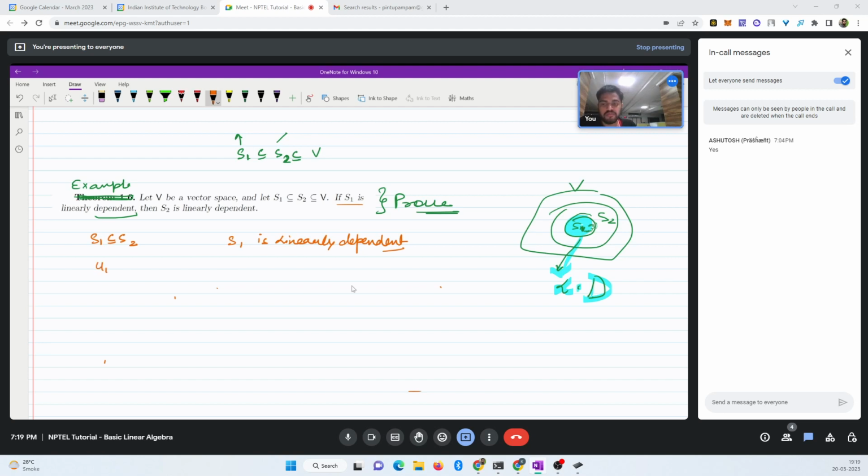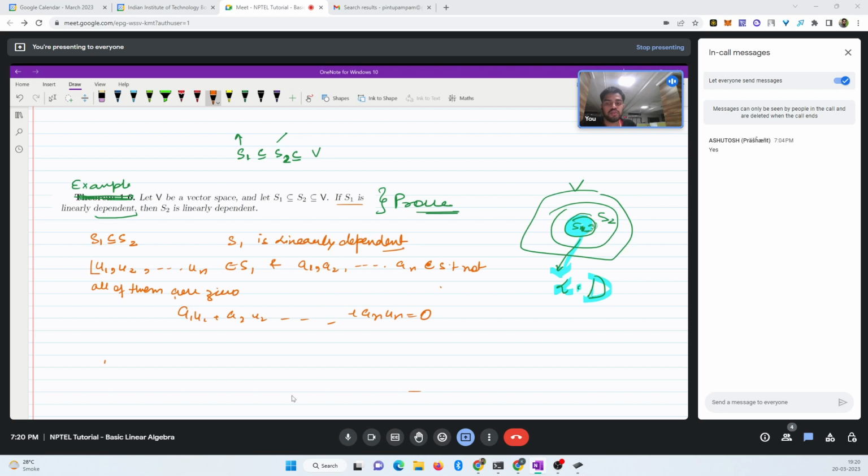We will have some vectors, let's say u1, u2, un, which belong to S1, and we will have some scalars a1, a2, an, such that not all of them are 0, and we will have a1 u1 plus a2 u2 plus an un is equal to 0.